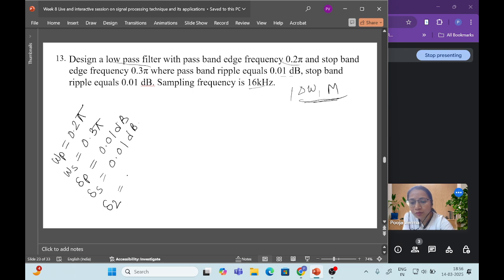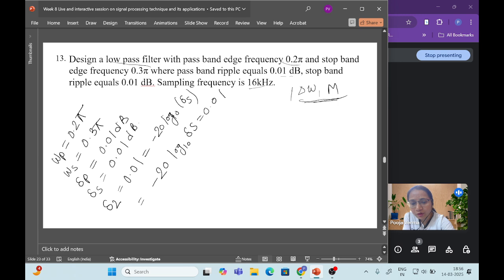Okay, so del 2 is given as 0.01, that is equal to, as we already know, minus 20 log 10 del s, equal to 0.01.